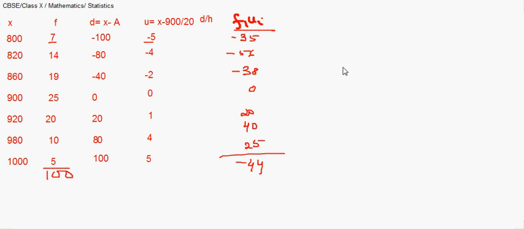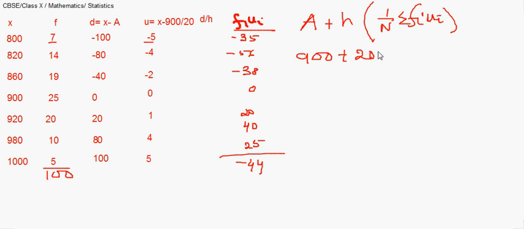So finding out the mean under this will be a plus h times 1 by n summation of fu. So your a was 900, we assumed h to be 20, 1 by n, that is 100, so minus 44 upon 100.